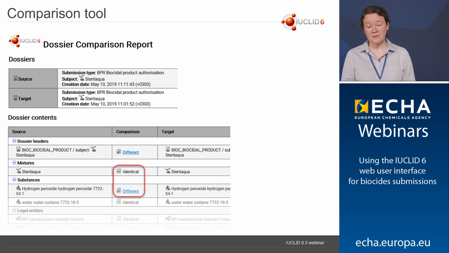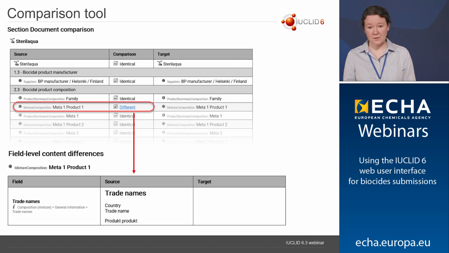And you can see if it's identical or different. If it is different, you can go to the next level where you see what exactly is different. Here we had a difference in the mixture, and now we can see that this difference is the mixture composition in the first product from the family. And we can see then on the field level content differences that this is the difference in the trade names.